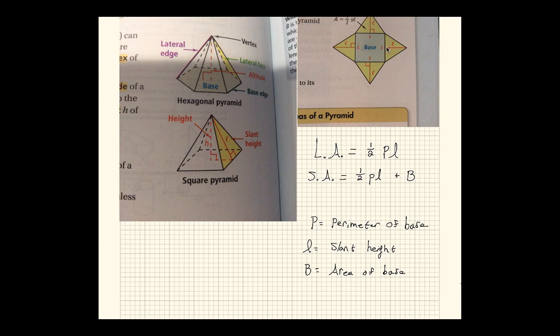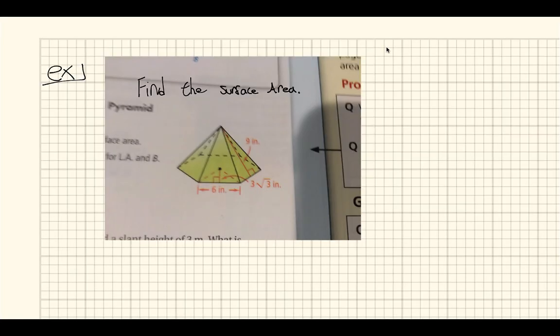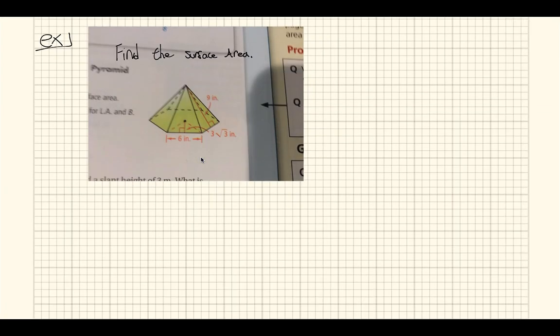Let's go ahead and go over an example. All right, so we're dealing with, let's see, 1, 2, 3, 4, 5, and 6. So this is a hexagonal pyramid. We want to find the surface area, which again, I'll write down the formula, is 1/2 PL plus the area of the base.